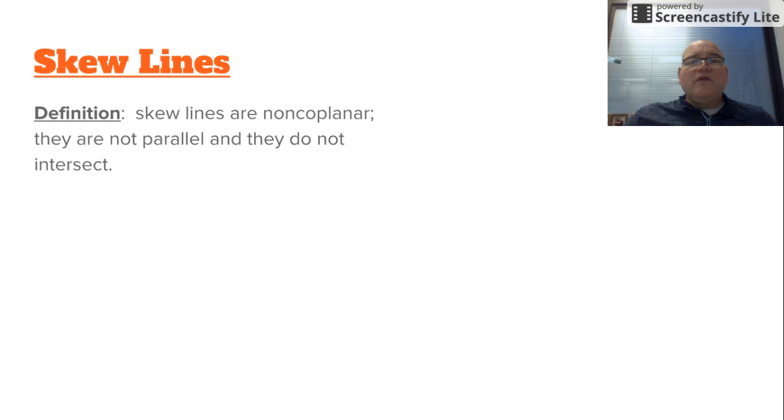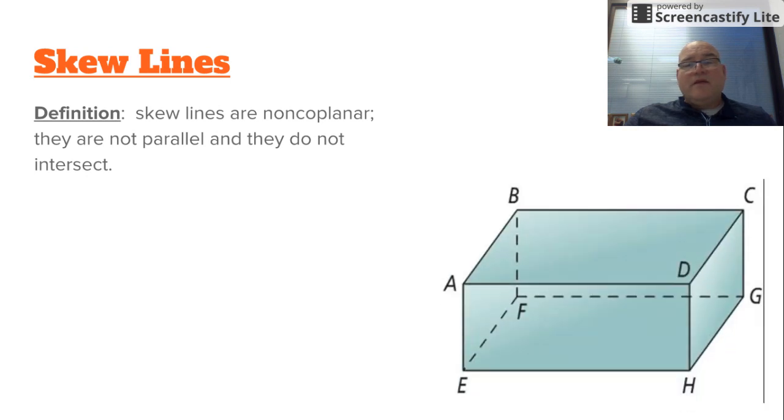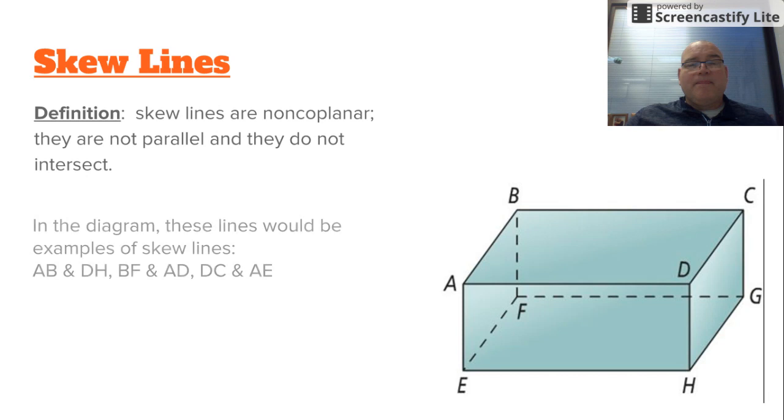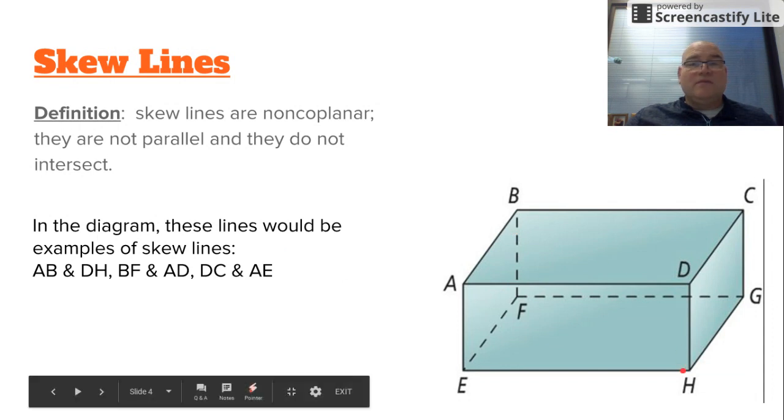Our next relationship are what's known as skew lines. Skew lines are non-coplanar. They are not parallel, and they do not intersect. So again, here's our box diagram. In the diagram, examples of skew lines would be AB and DH.